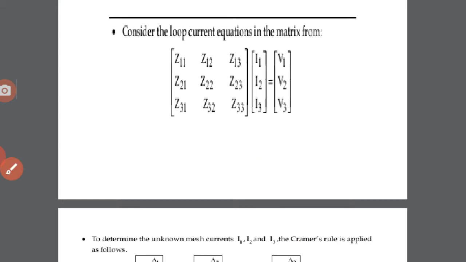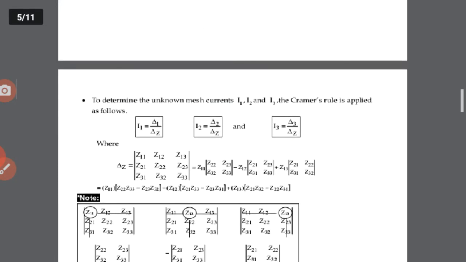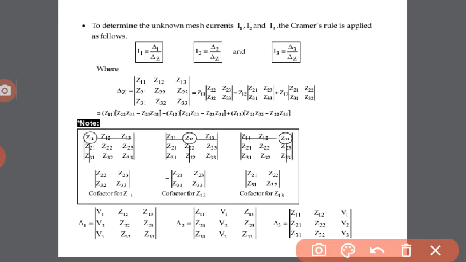In Cramer's rule, to get the currents, I1 = delta 1 by delta z, I2 = delta 2 by delta z, and I3 = delta 3 by delta z, where delta z is the determinant of the matrix with rows z11 z12 z13, z21 z22 z23, and z31 z32 z33.